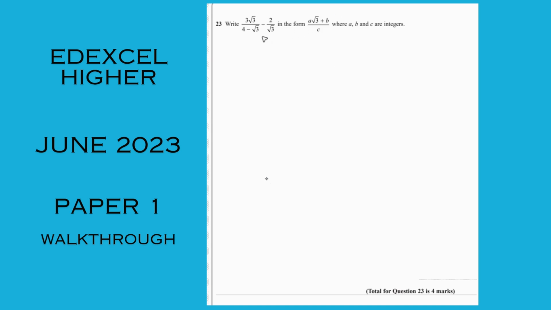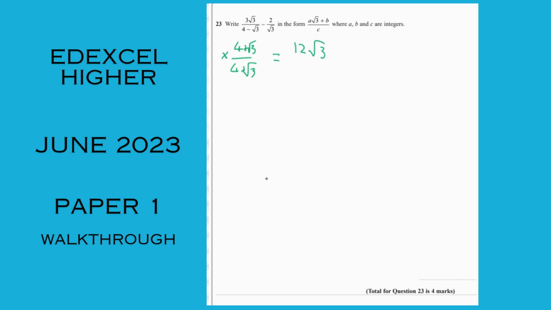23 brings double rationalising. So the first term, let's multiply top and bottom by 4 plus root 3. So on the top, 4 times 3 is 12.